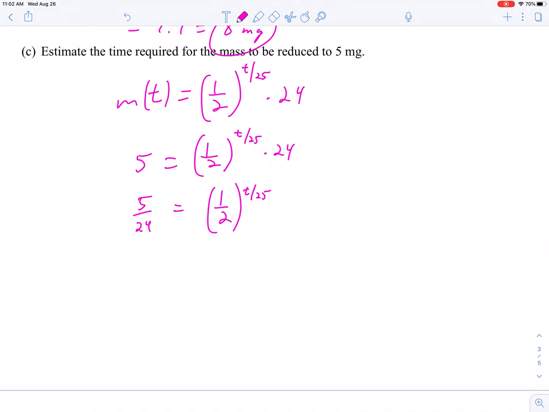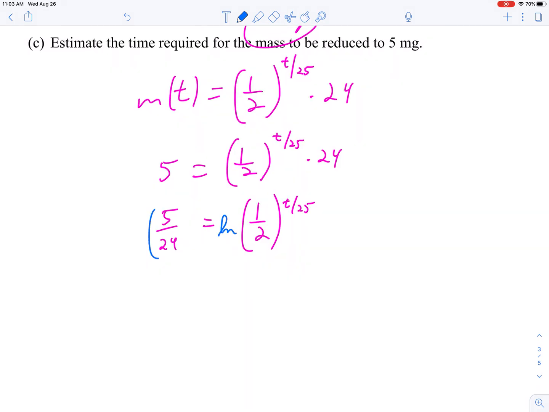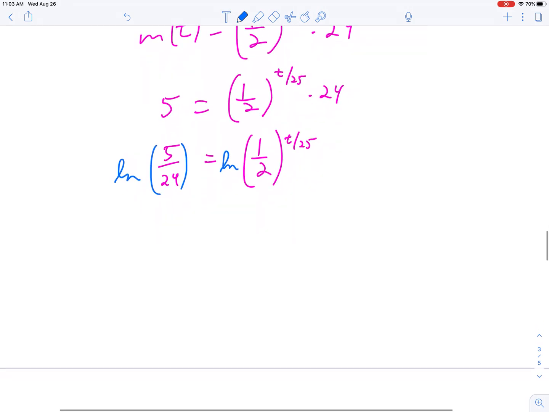So now we got a little issue here. Our variable t that we want to isolate is stuck in the exponent. So hopefully you remember what to do in this case. What you do is we natural log both sides of the equation. This allows us to use the natural log rules, or logarithm rules as well.